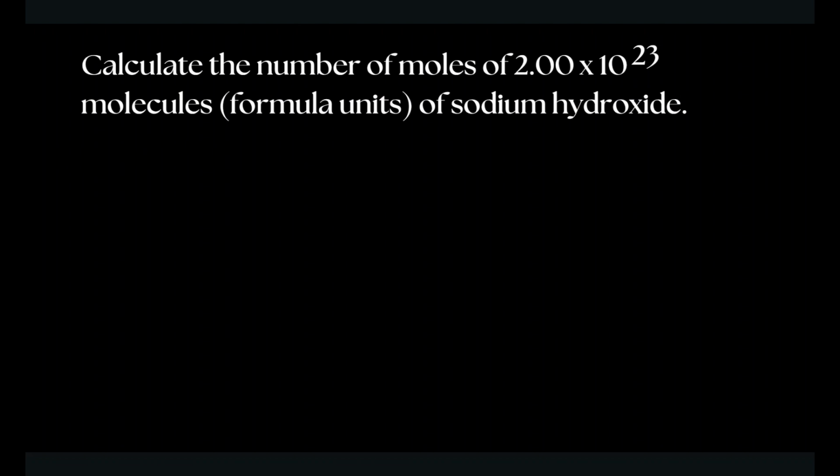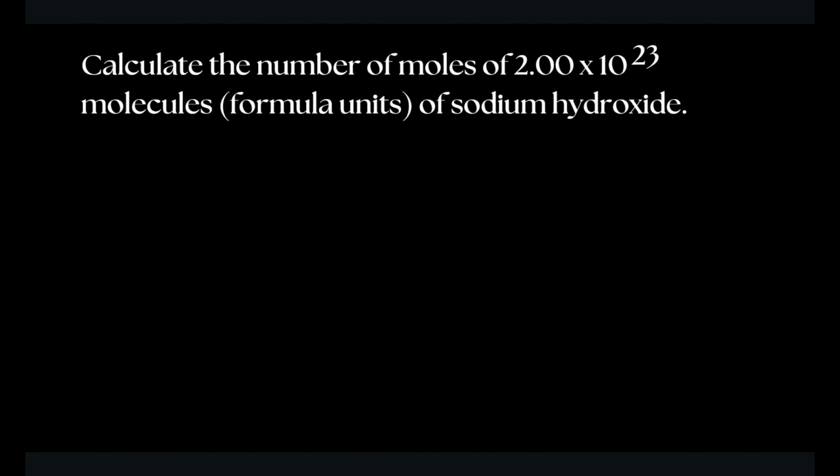Taking a look at our next example, we are going to calculate the number of moles of 2.00 times 10 to the 23rd molecules or formula units of our sodium hydroxide. Now, sodium hydroxide is an ionic compound, which means that it is specifically called a formula unit, not a molecule.